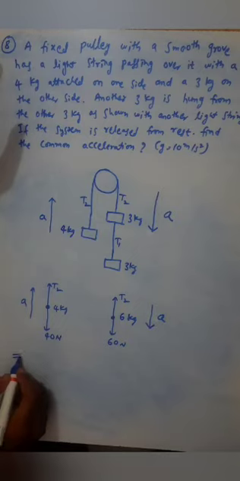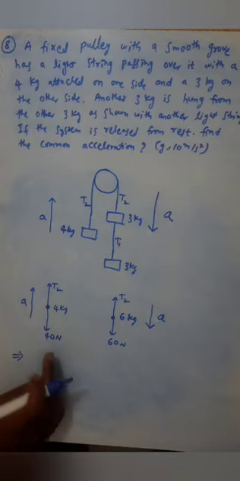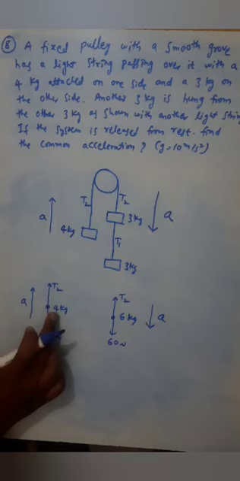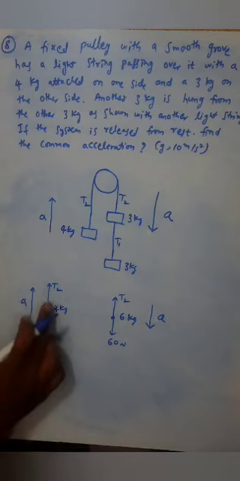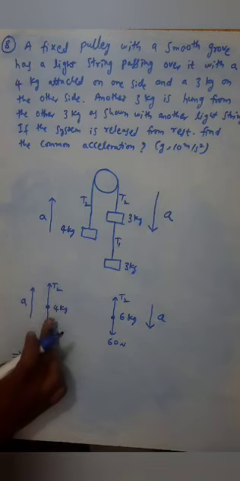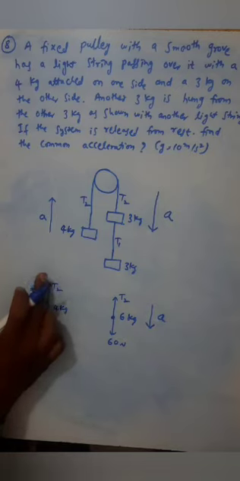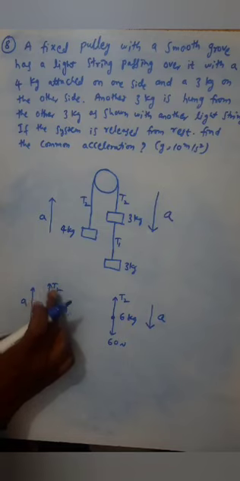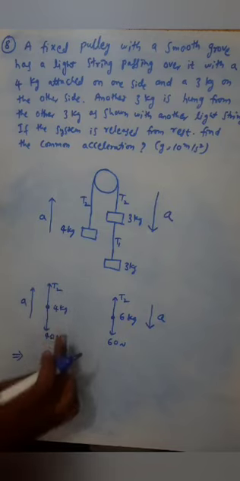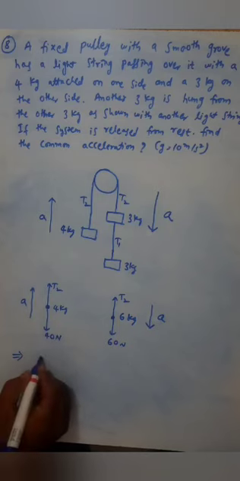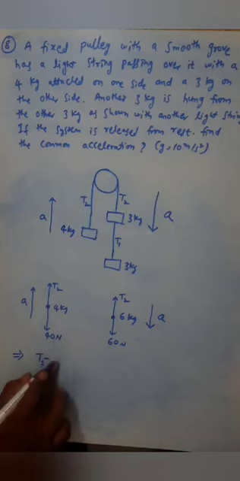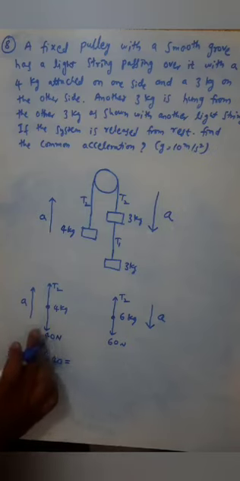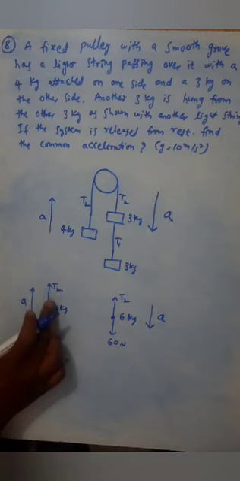Now I am writing the equation. The 4 kg mass is moving upward, which means T2 is more than 40 newtons. So T2 minus 40 must be equal to the net force.